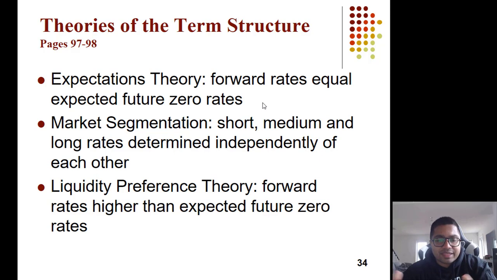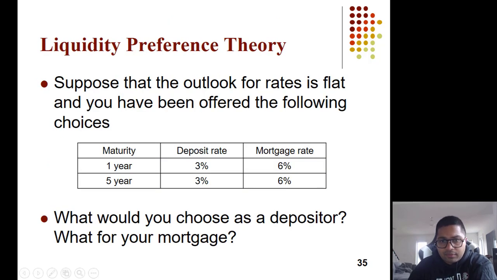So market segmentation means each market is separate, the players are separate, and buying and selling will determine the rates. And liquidity preference theory means forward rates are higher than the zero rates, because if you have to wait for the future, then you would like to be paid more.